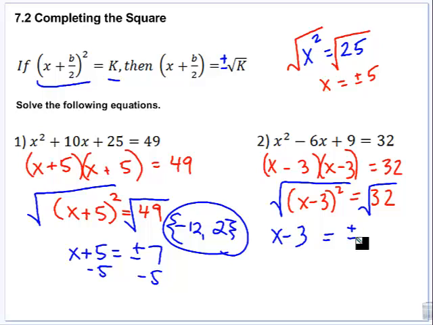When we break that down, it ends up being 4 square root of 2. That's what we talked about last unit, our radicals, so you should be good at breaking those down. Then to get the x alone, we would need to add the 3 to both sides.